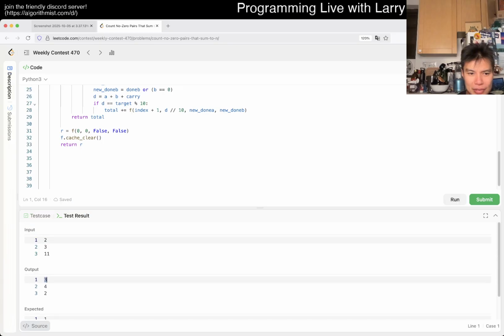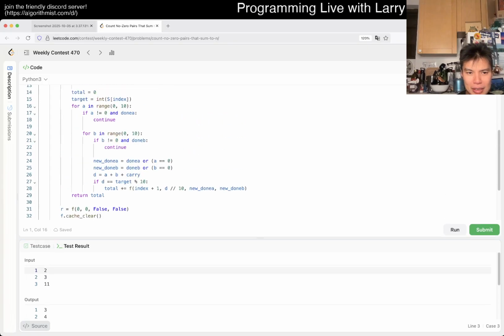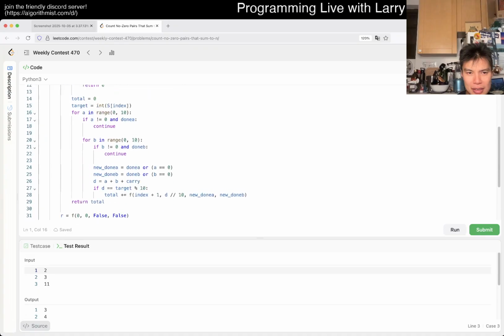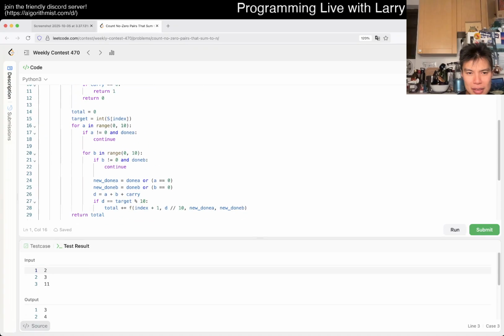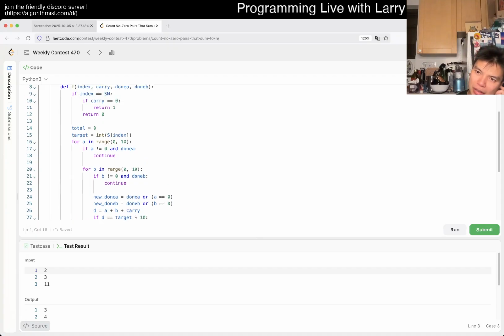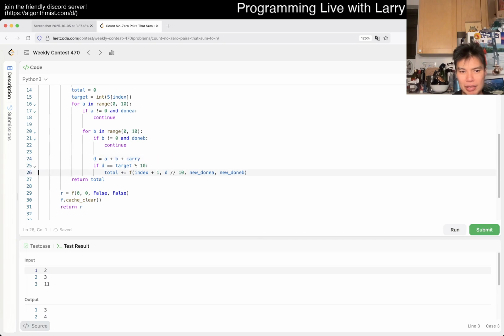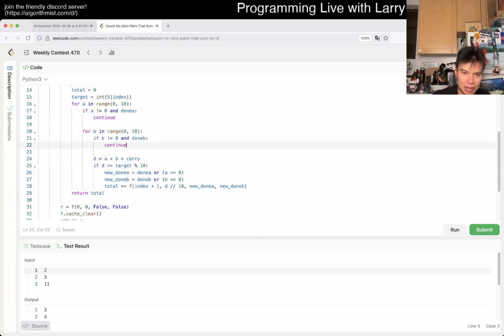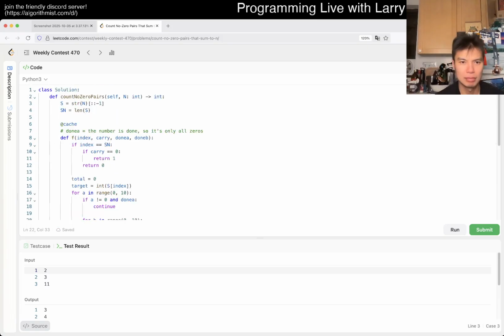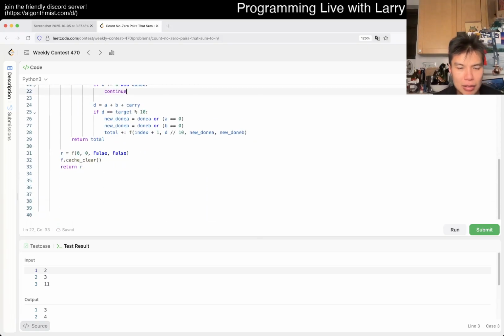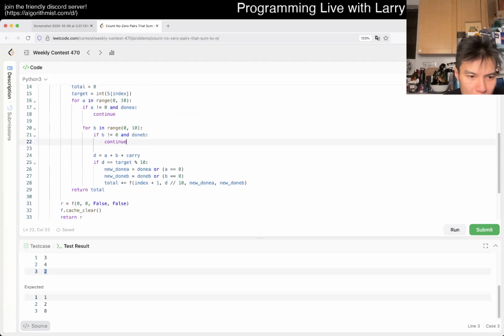Why do I have 3, 4, and 2? 2 is the most perplexing. I don't really do this here, but that's just a minor setup. Carry index. Yeah, I don't know.